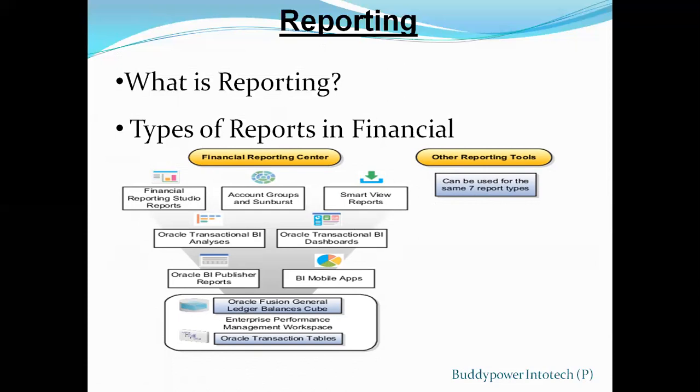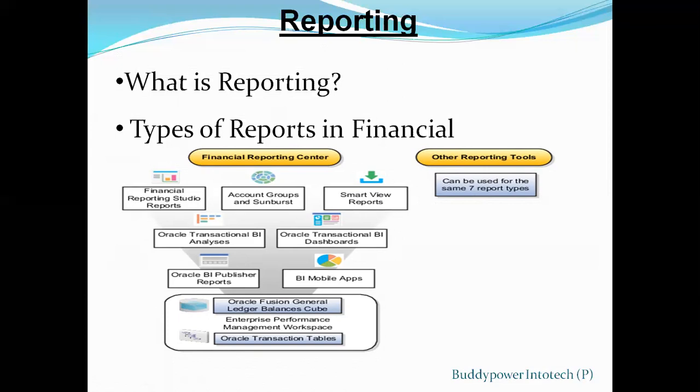This is used in most of the offerings, like the GL, payables, receivables, cash management, etc. Next comes the OTBI analysis. Oracle Transactional Business Intelligence analysis is built on transactional tables using subject areas.